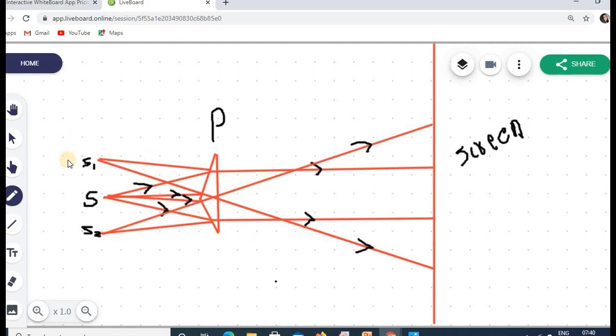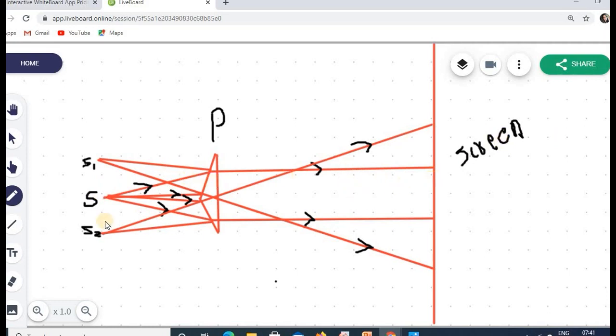So naturally we'll have two virtual sources here. These are the virtual sources S1 and S2, and these sources S1 and S2 act as coherent sources produced by the initial parent source S.